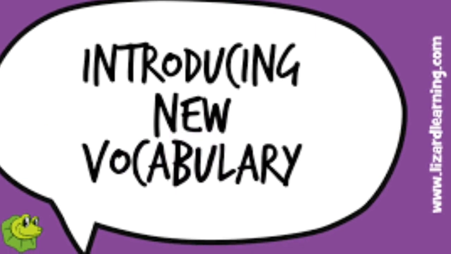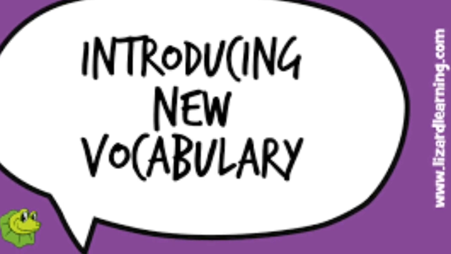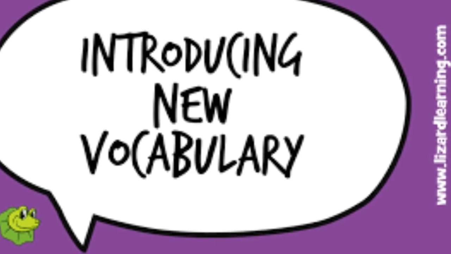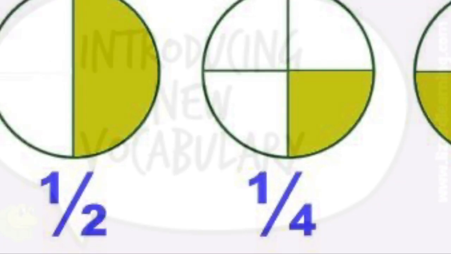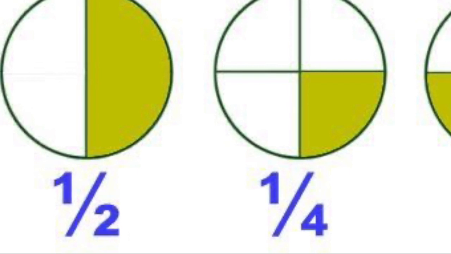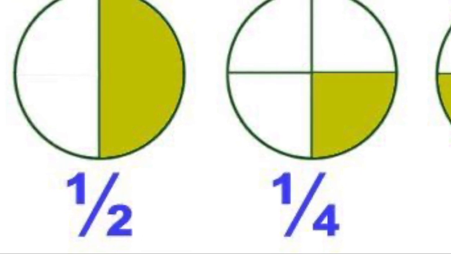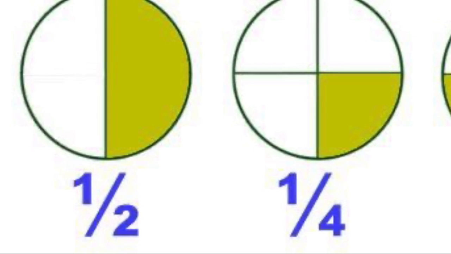We have 5 new vocabulary words for this lesson. The first word is fraction. A fraction is a number that counts parts of a whole.